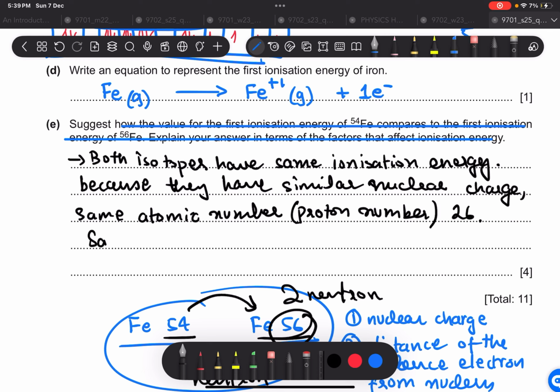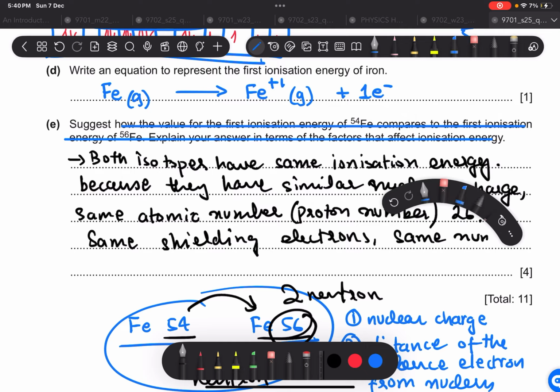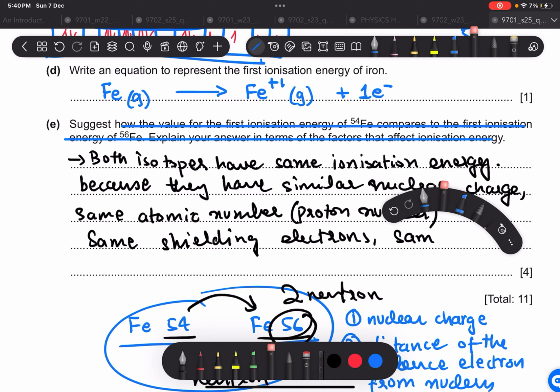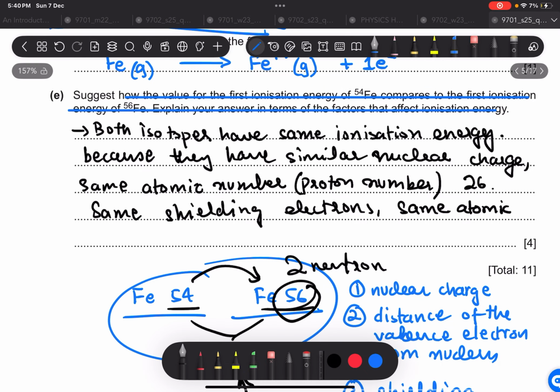And they have the same shielding electrons, and then you're going to tell them they have the same atomic size.